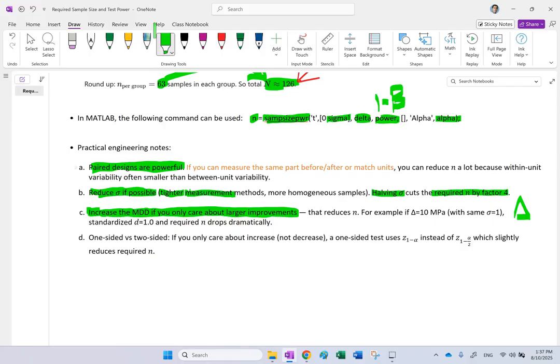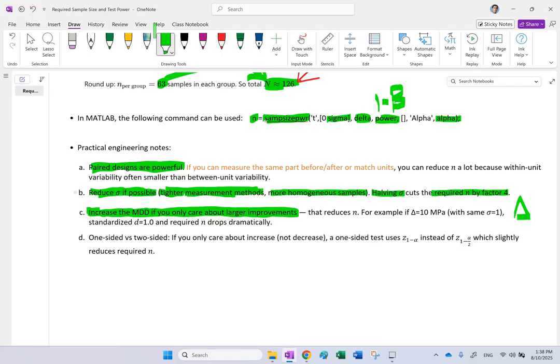So if you can have more homogeneous samples and more precise measurement methods, of course that needs a lot fewer samples. But of course, it's costly, right? Because getting more homogeneous samples means your machine and your operation should have a lot less tolerance, and your measuring devices should be more accurate.